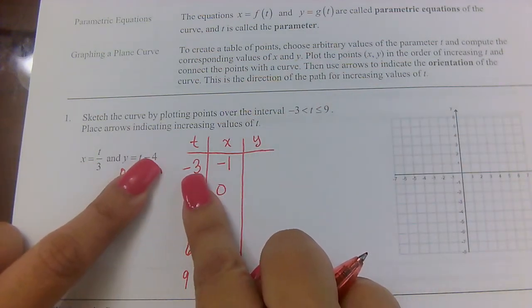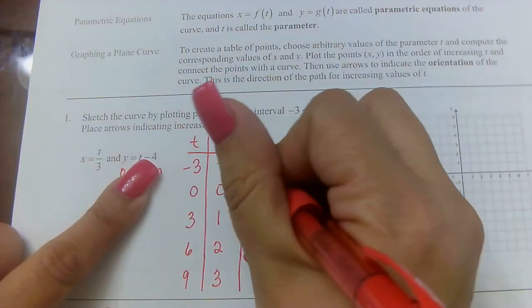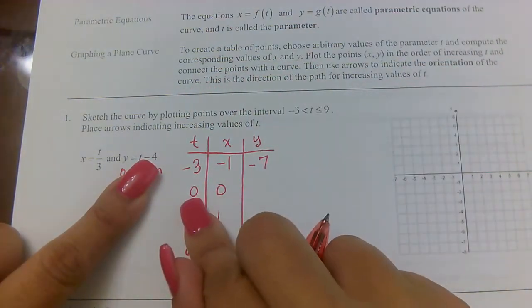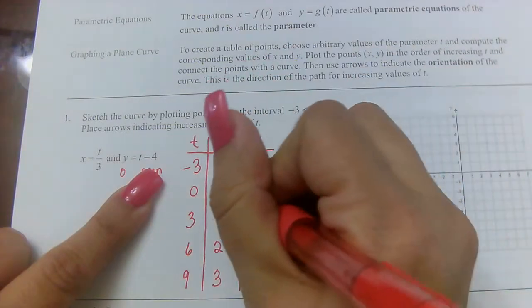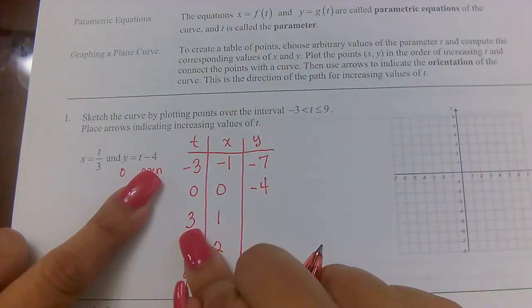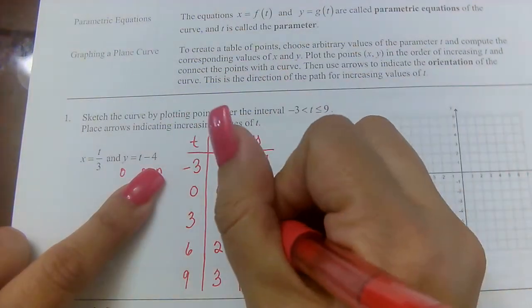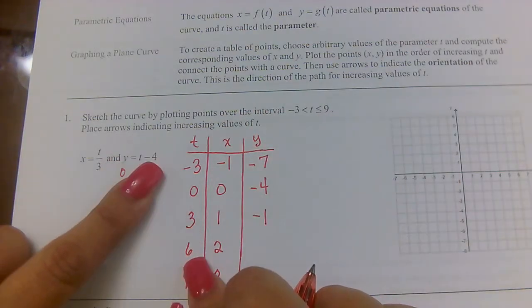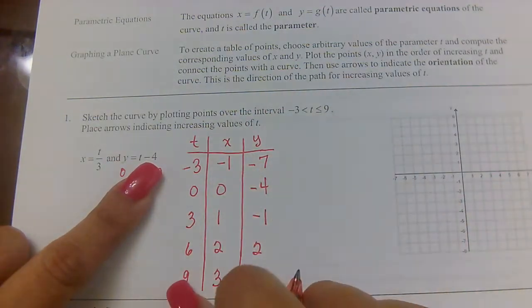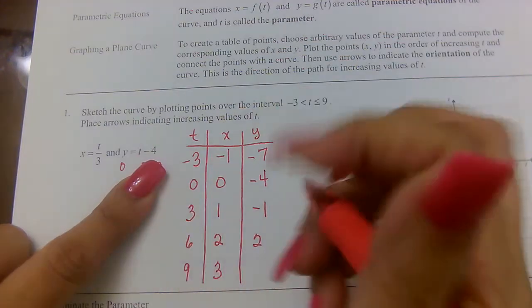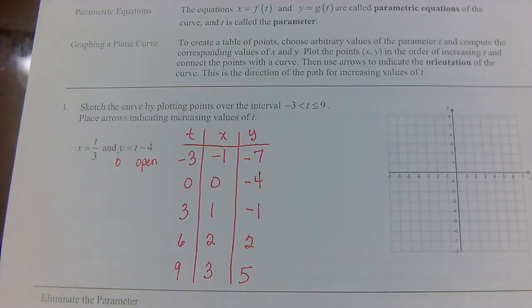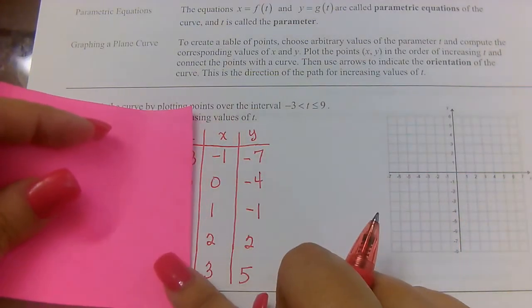So -3 minus 4 is -7. 0 minus 4 is -4. 3 minus 4 is -1. 6 minus 4 is 2. And then 9 minus 4 is going to be 5. Now I have my x and y points, and I'm going to go ahead and graph it.